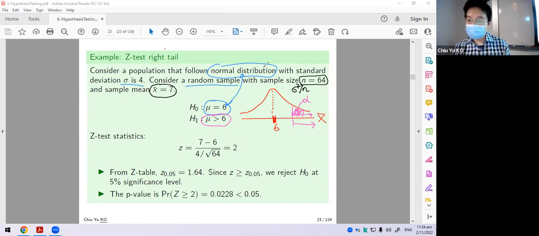Once I give you alpha, like 5%, the question is whether 7 belongs here or here. If 7 is here, we look at the area of this. If the area is more than 5%, you don't reject. If less than 5%, reject.